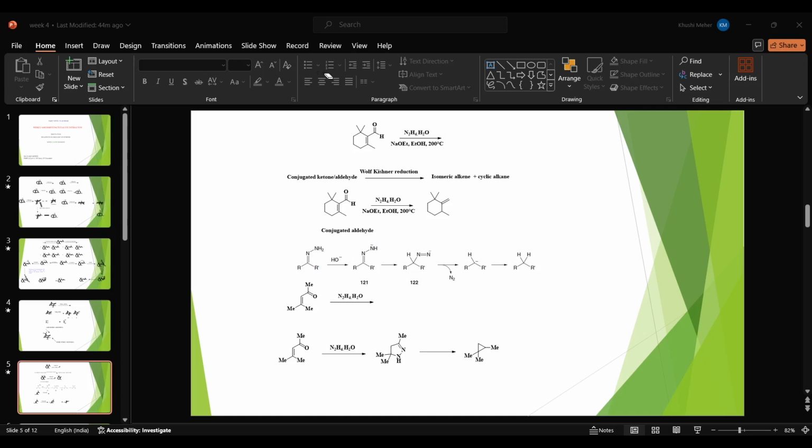But what will happen in this particular case? This is a name reaction. Do you know what kind of name reaction this is? This one is under basic conditions, but generally we call it the Wolff-Kishner reduction, where any carbonyl compound, you will get your alkane.